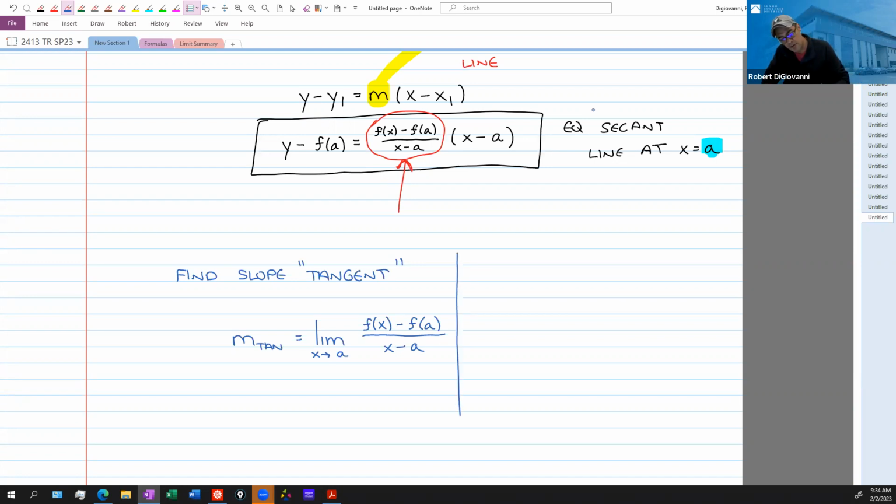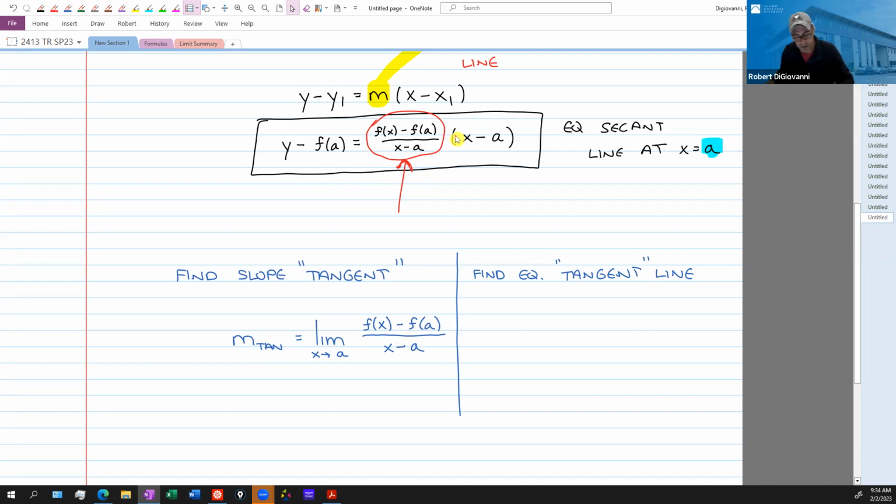And then if you want to find the equation of the tangent line, you're going to use that formula that we put in the box here, but instead of this in front, you're going to put a limit in front of that.